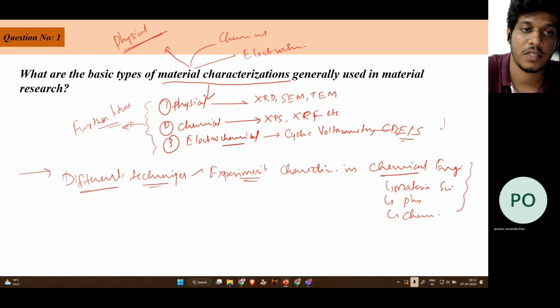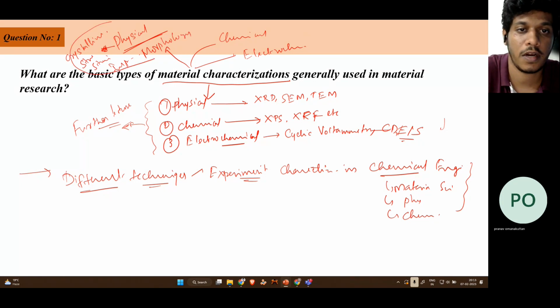Physical characterization techniques give us information about the physical structure or physical aspects of the material, like crystalline size, stress and strain in the crystal, or the presence of impurities in the material.